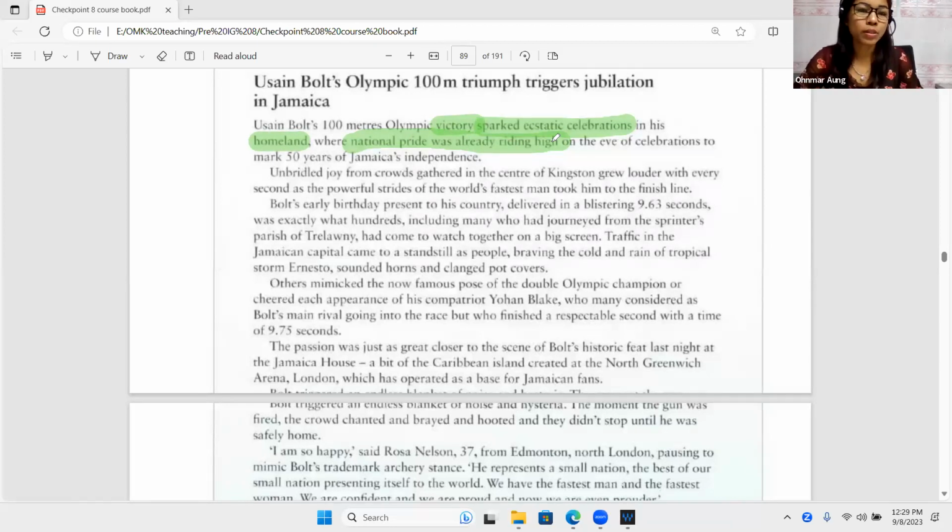You should learn. And then they celebrate the eve of celebrations, Jamaica's independence. Okay, next paragraph. So it will read, embroidered joy.